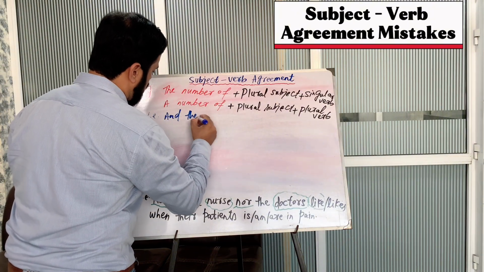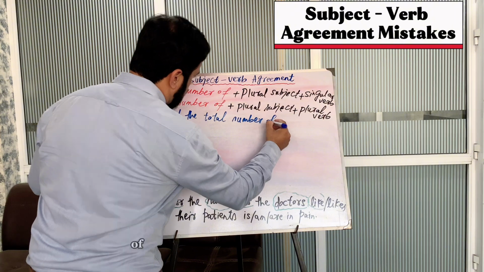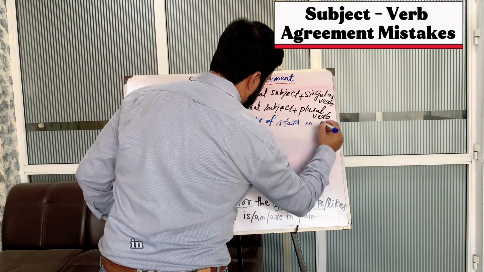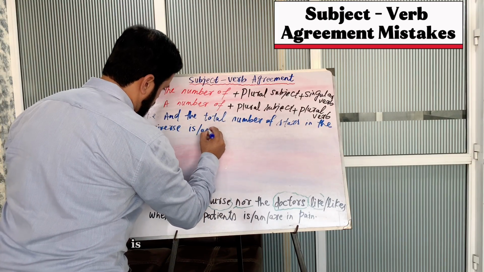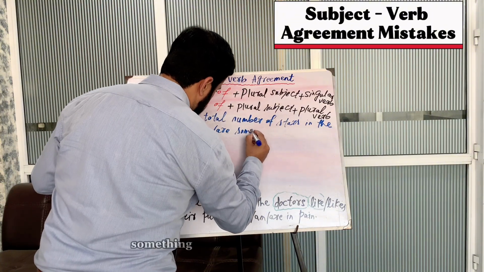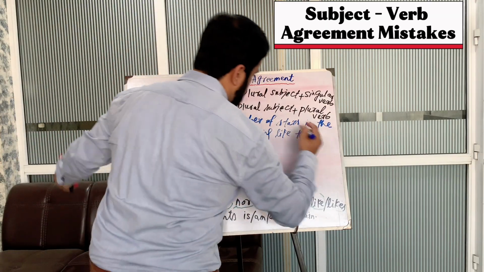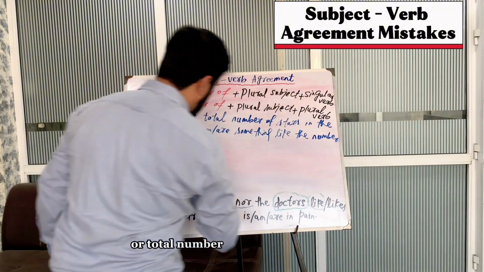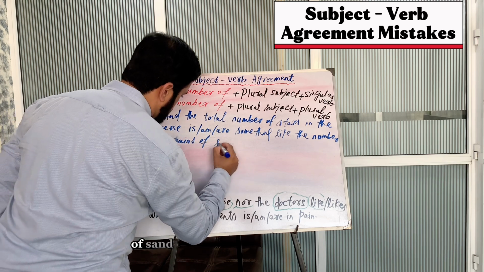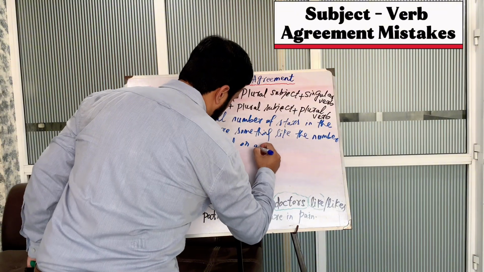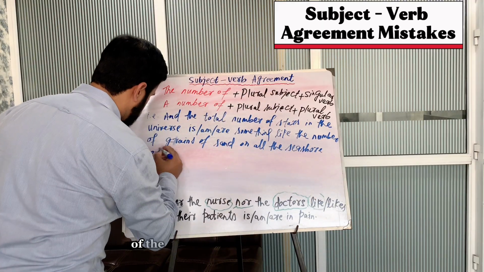And the total number of stars in the universe is, am, something like the number or total number of grains of sand on all the seashore of the world.